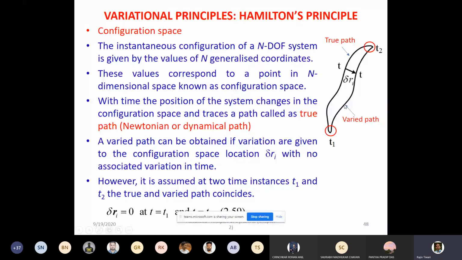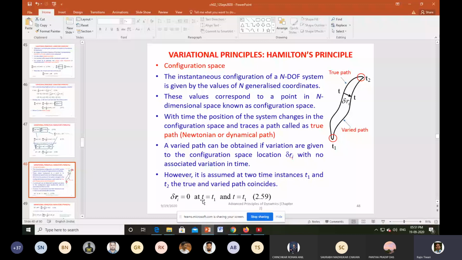This is the condition I mentioned: there is no variation between the true path and the varied path at the initial time and the later time. The second should be T2. At T1 and T2, the two time instants, they should be the same, they should be zero. There is no variation in the path there, but in between they can vary.